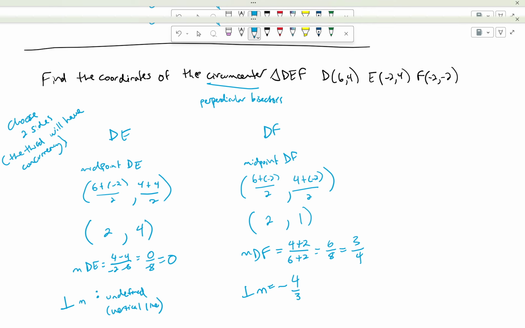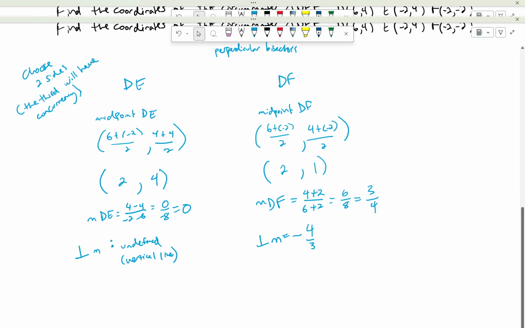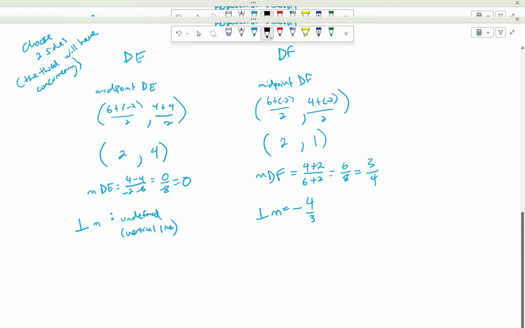All right. So now I need to create two equations here. The first one, I need my equation. Now, since this guy is undefined, it means I need to just go back here and take this x value right here. So my equation is going to be x equals 2.